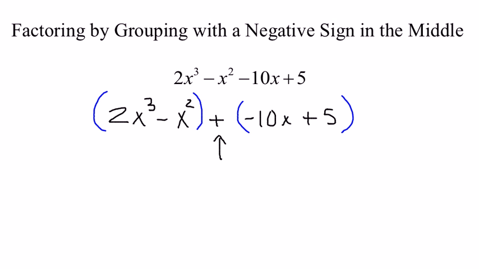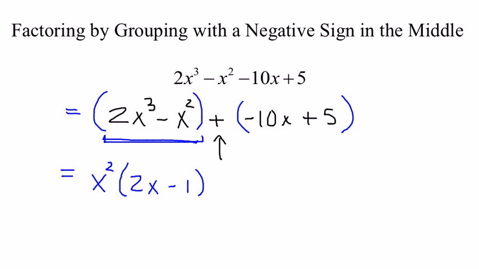So now what we're going to do is go ahead and factor each grouping. With this first grouping here, it looks like we have an x squared in common. So we've got 2x minus 1, then bring down our plus sign, and then in this term we actually have a negative 5 in there.